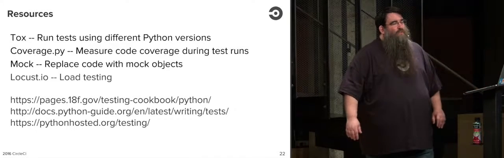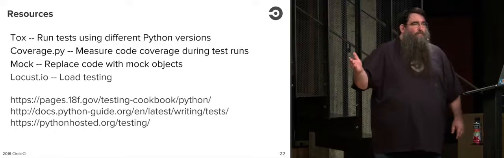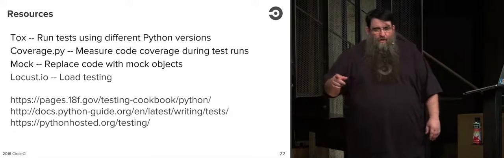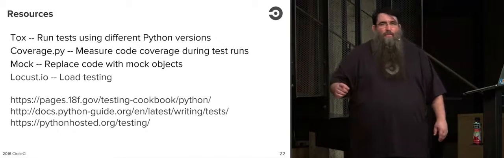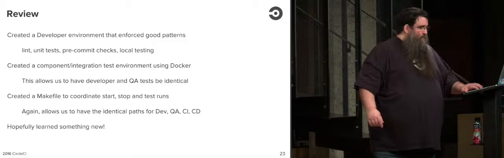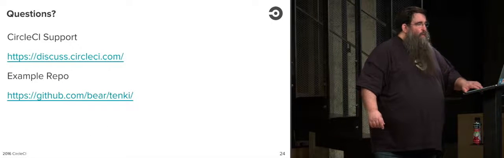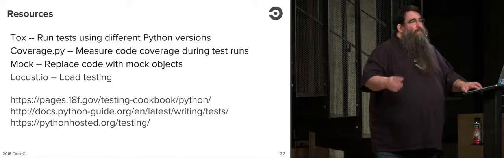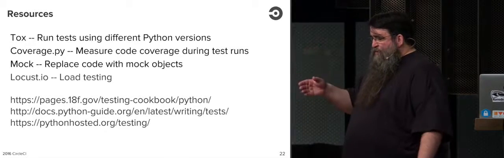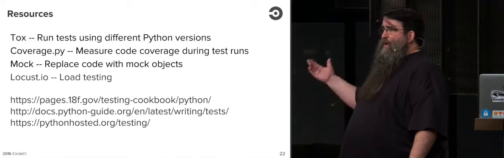Other resources if you're testing with Python is Tox. Tox is a way of running your Python tests with multiple versions of Python. You tell Tox in the INI file you want to run Python 2.7 or Python 3.5 or even PyPy.